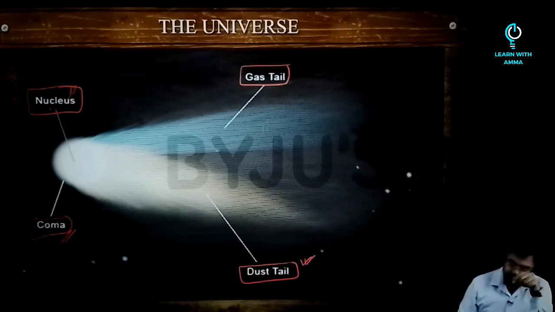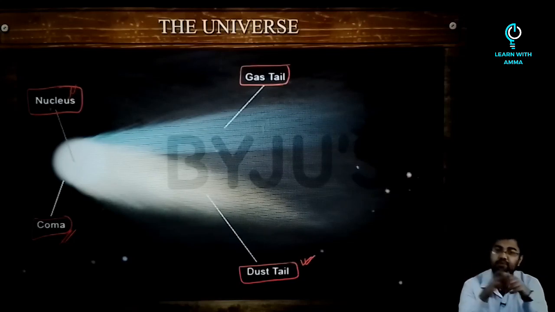The dust tail is millions of kilometers long, approximately 10 million kilometers, and comprises gases and small dust particles which are driven off the nucleus due to escaping gases. When you see it with the naked eye, this is the most prominent part of the comet that will be visible to you.